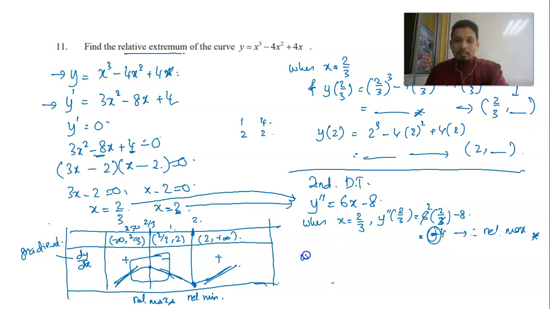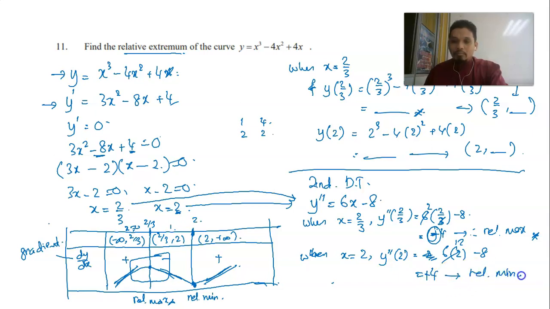And then when x equal to 2, y double prime equal to 6x minus 8. 6 times 2 equal to 12, minus 8 equal to 4, a positive value, so we come to a relative minimum.